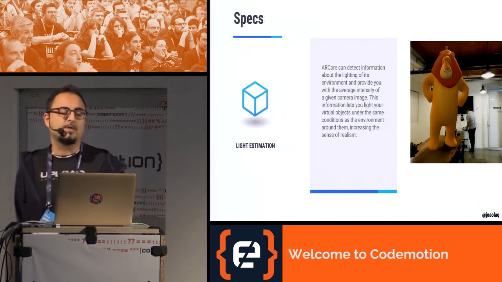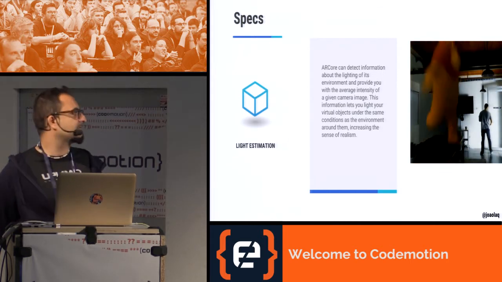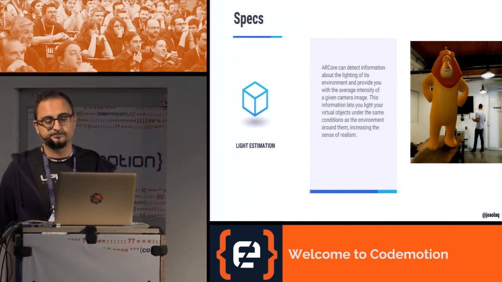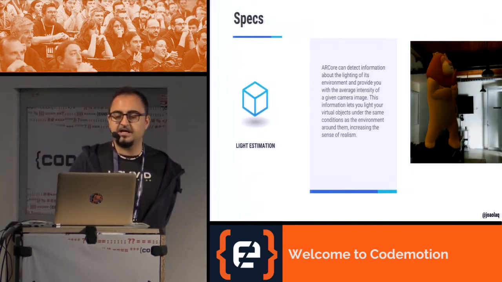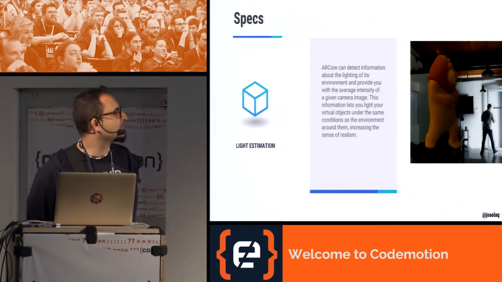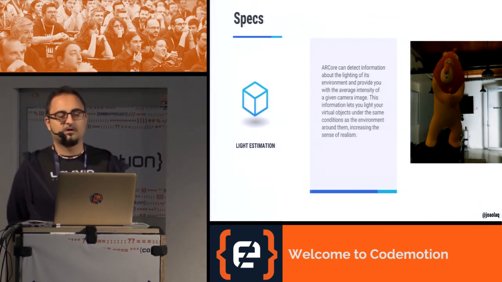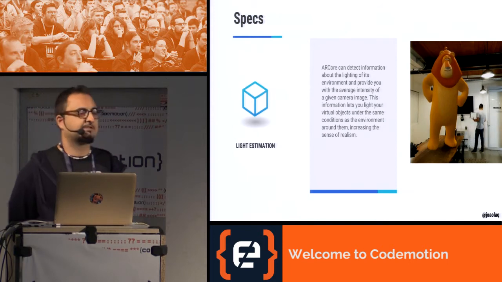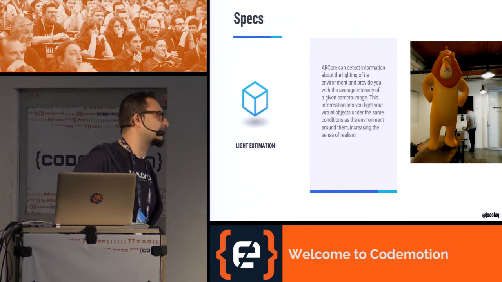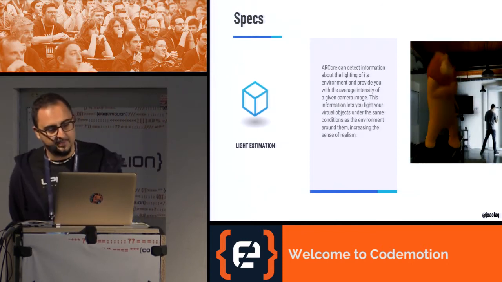That is very cool because you can develop applications that react to the light of the scene. Maybe I saw some games that just show something when you turn down the lights, so you have to do some action turning the lights on and off. So this is very cool.